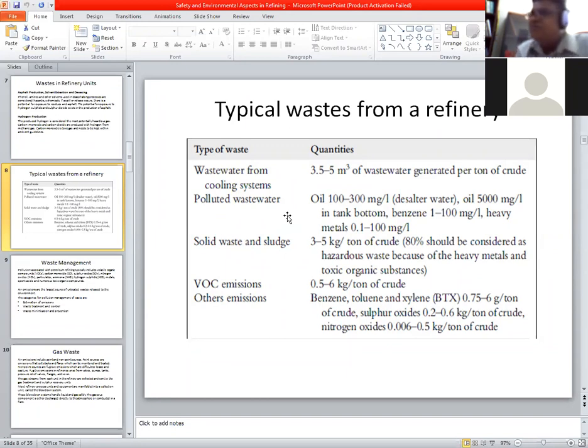Acid is corrosive, and some spent acid is also difficult to handle. However, it is less harmful than using lead or MTBE. Okay, so these are the emissions. So see here, wastewater, solid, gas. So everywhere is polluted from a refinery. So these are the quantities. So please go through that.